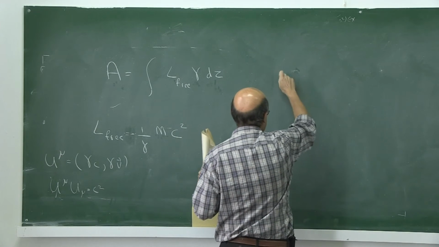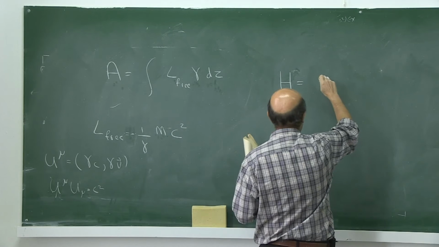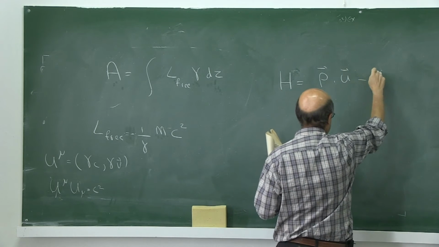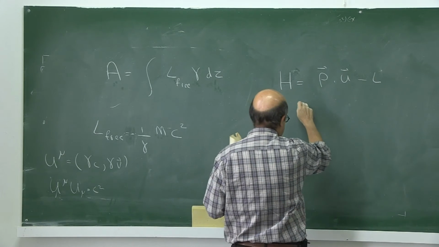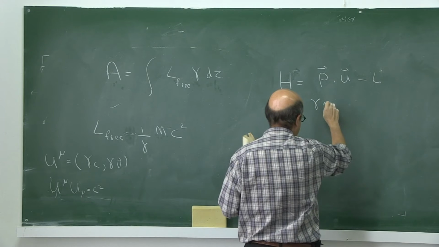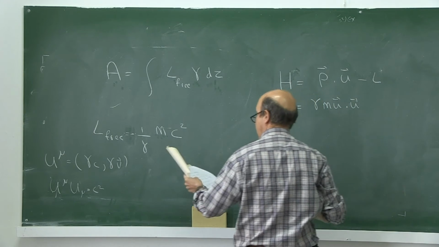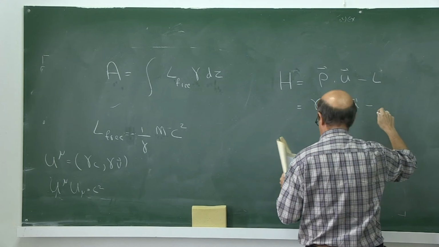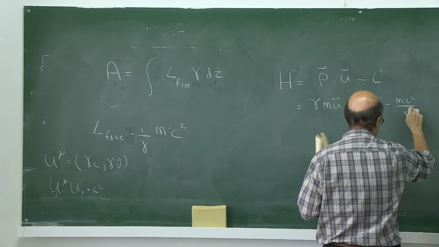So H is P dot U minus L. P is gamma mu, dot U, minus the Lagrangian of the free charged particle, minus mc squared over gamma.